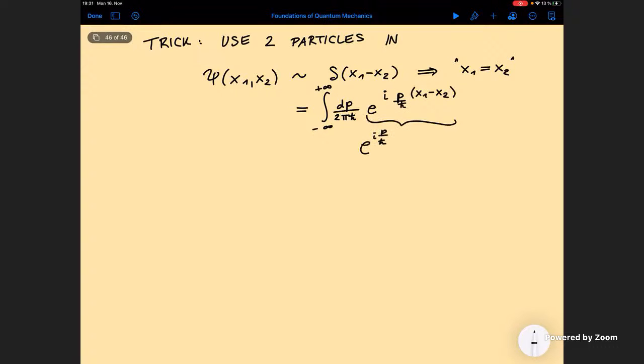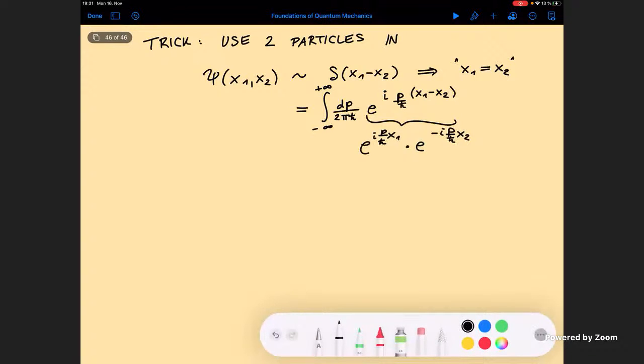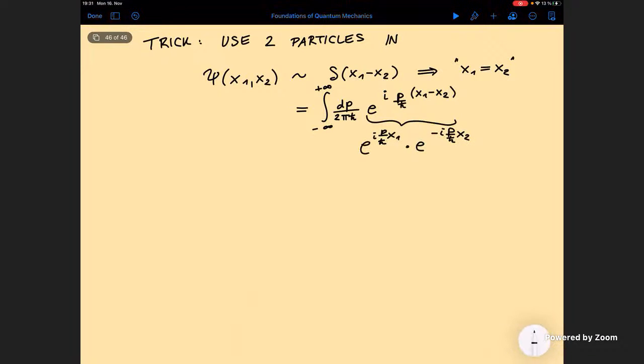You can say it's e to the i p times x1 times e to the minus i p times x2. Yeah. So the first one is a plane wave for particle number 1, and the second is a plane wave for particle number 2. The first one has a definite momentum.